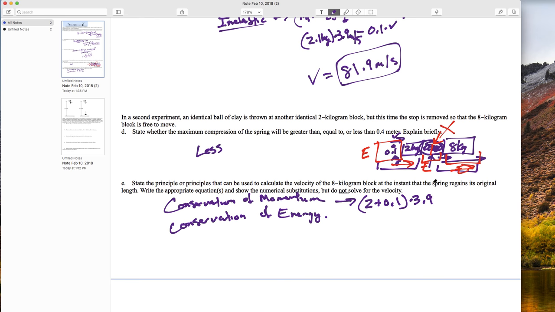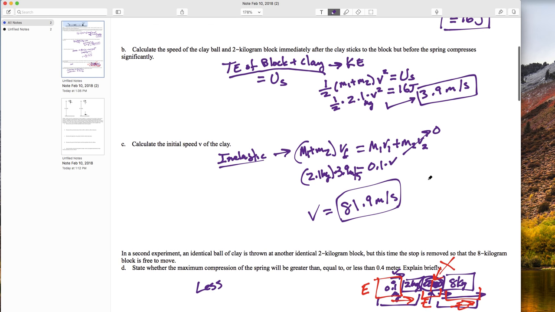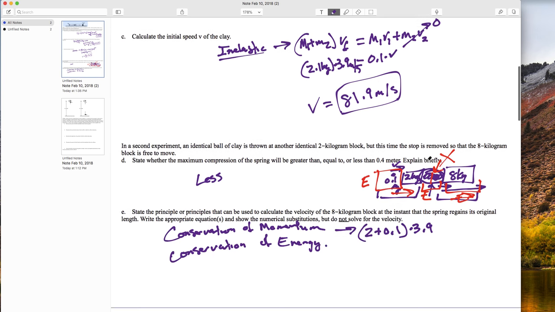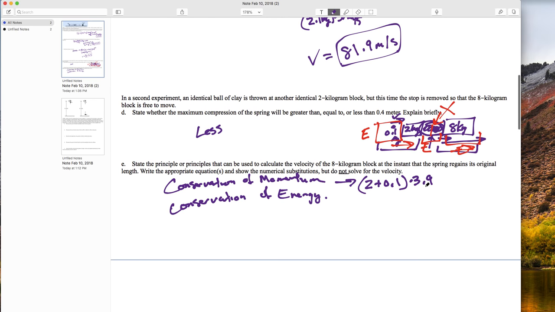We calculated this at the top up here. So that's the speed that we have after the initial collision, and that's the momentum we have going into the initial collision, and that's going to equal, at the end, the momentum of the individual pieces going apart.